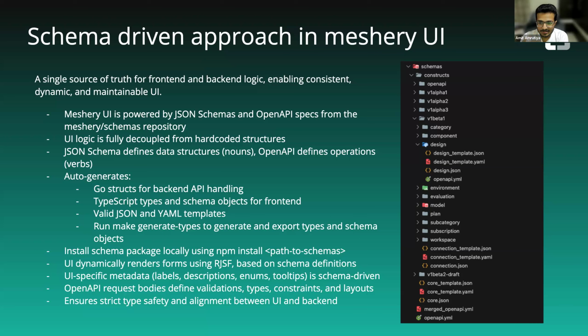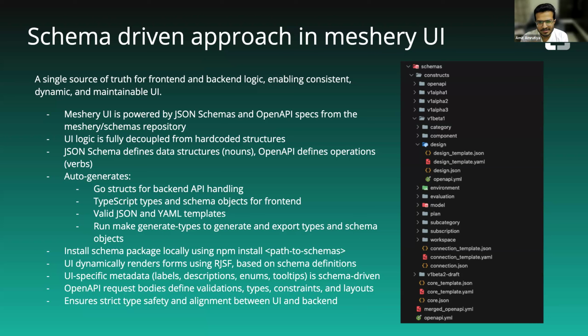In our Meshery, we have a design. You can go into designer mode and create any design. So what are the properties that are defined in this design? We define that in the schemas repo, because in the front end and back end, we have to know what properties the design has.